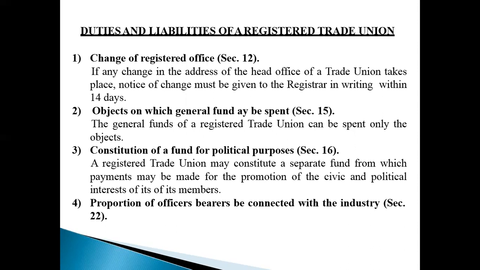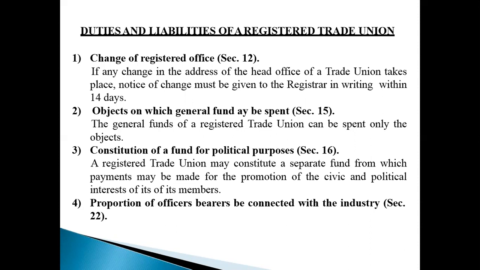If any trade union wants to constitute a separate fund to promote some civic and political interest of its members, then they can maintain a separate fund under section 16.